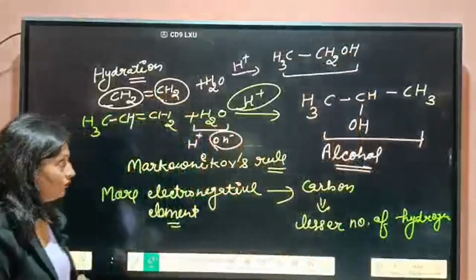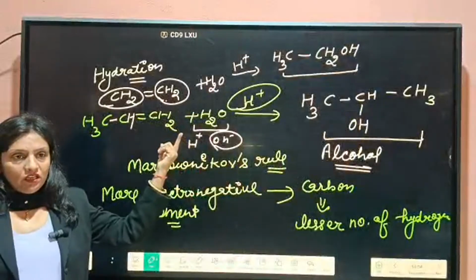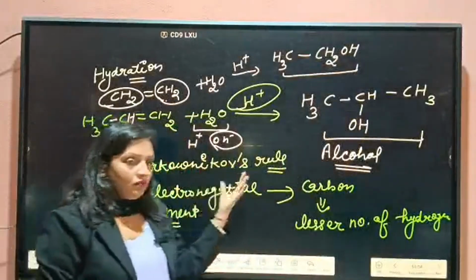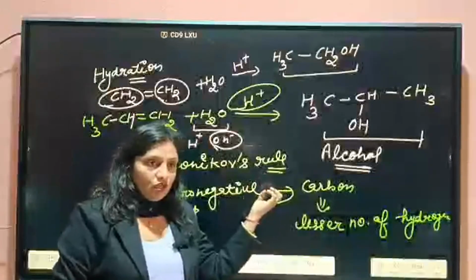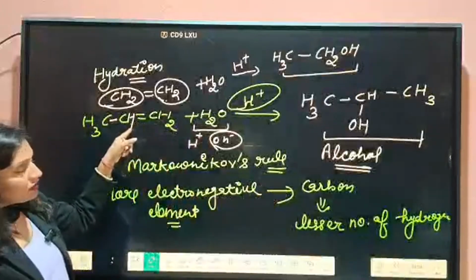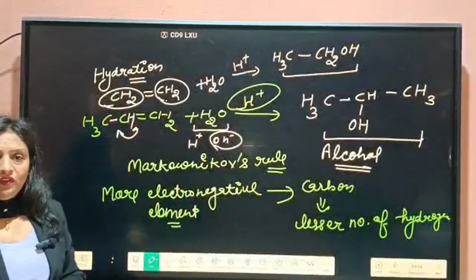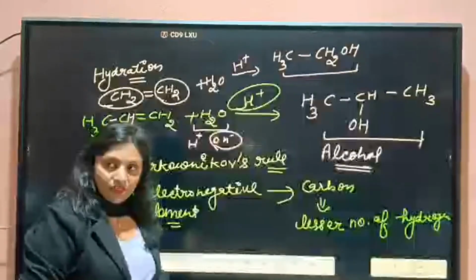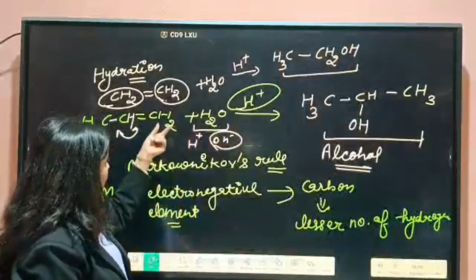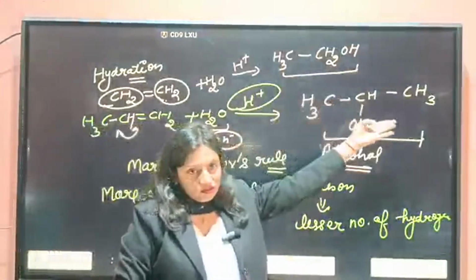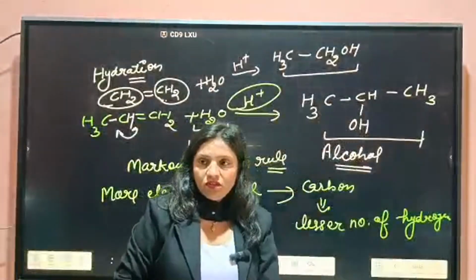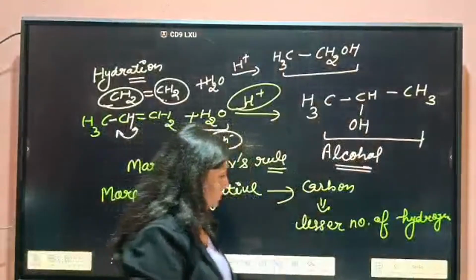But if an unsymmetrical alkene is there, you will follow Markovnikov's rule. To the carbon which has the lesser number of hydrogens, you will attach the more electronegative element, and to the other carbon you will give hydrogen. Clear or not? Any doubt?